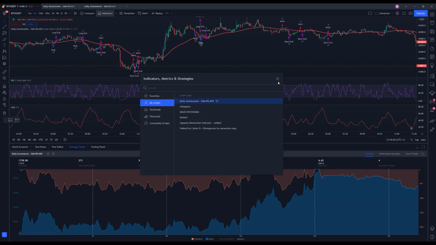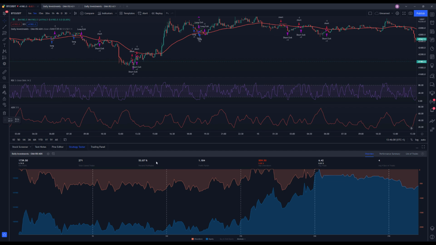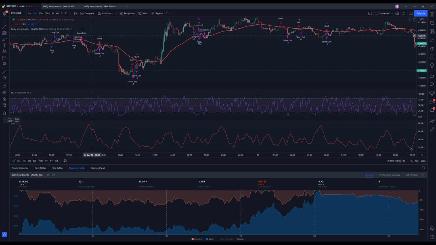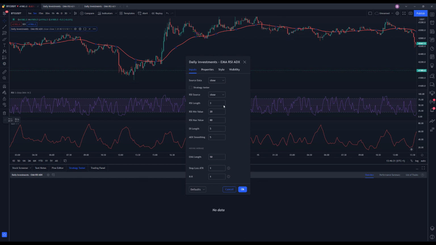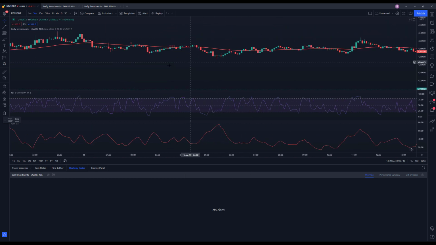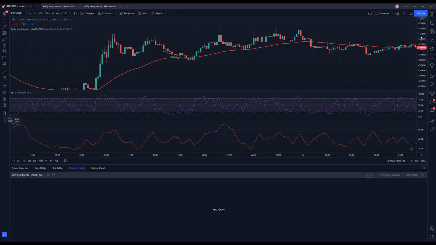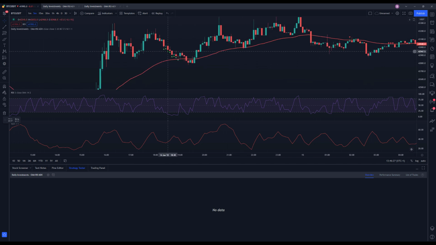But if I add this one, it immediately added the strategy of what the other content creator did. The Secret Mindset was his name, I believe. You can change all the settings and whether you want a strategy tester or not. Because when we are not testing a strategy, it gives every signal where it meets the requirements you'll need.